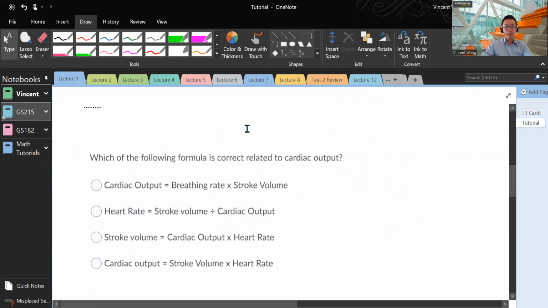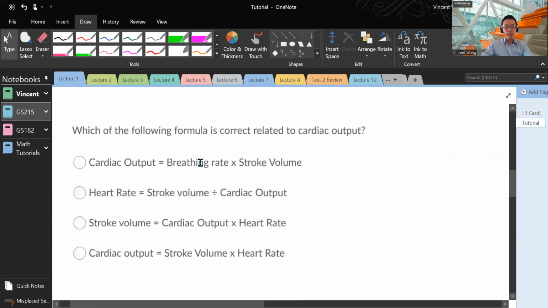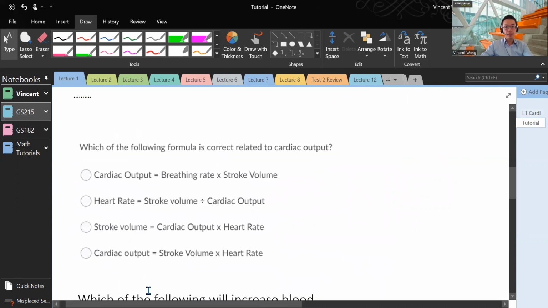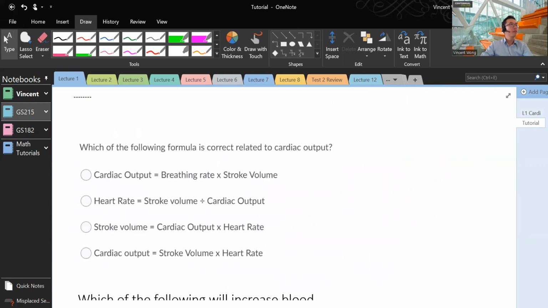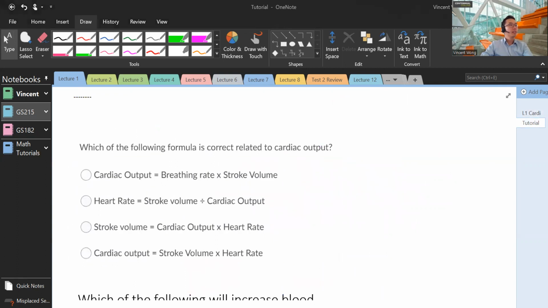Okay, let's see. Let's try this one. That should be pretty straightforward. Go ahead.